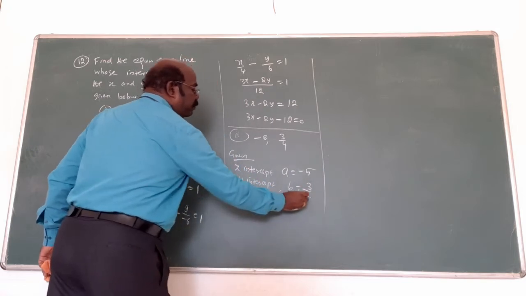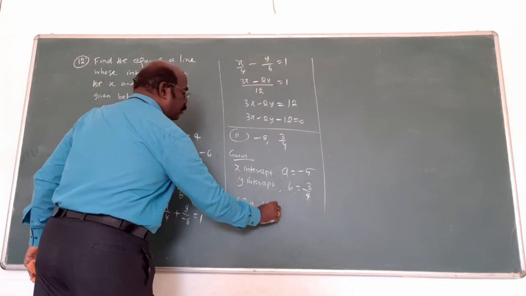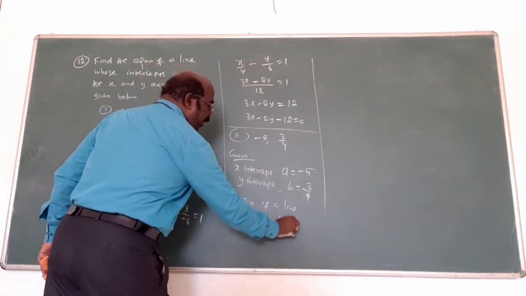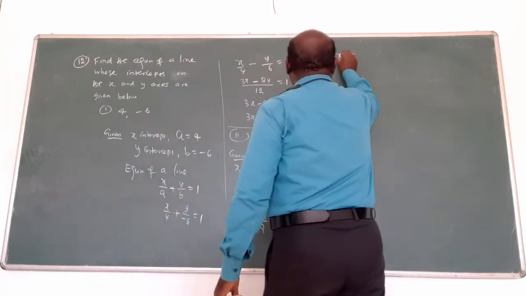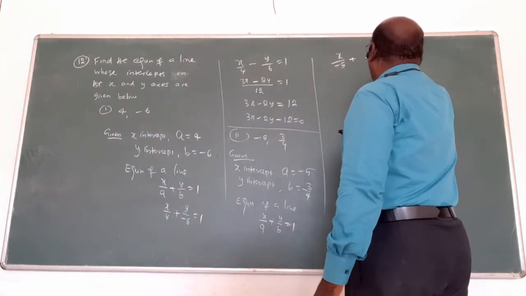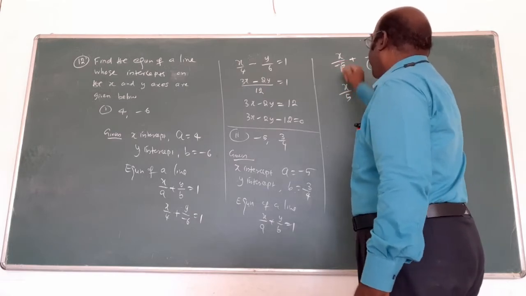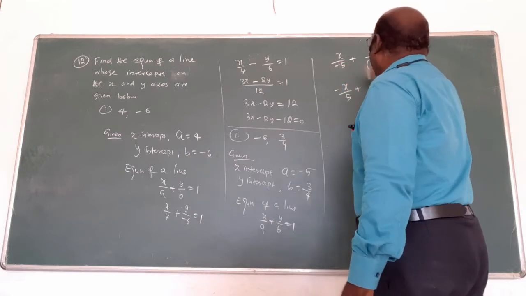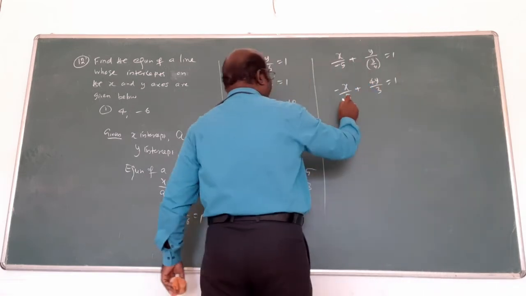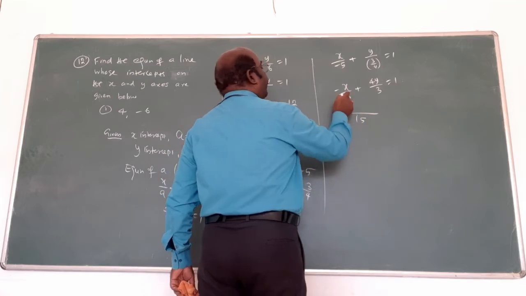Now write the equation. x by a plus y by b equals 1. x by minus 5 plus y by 3 by 4 equals 1. Now x by 5, you put the minus here. Plus, the reciprocal is 4y by 3 equals 1. The denominators are 5 and 3. 15 is the LCM.